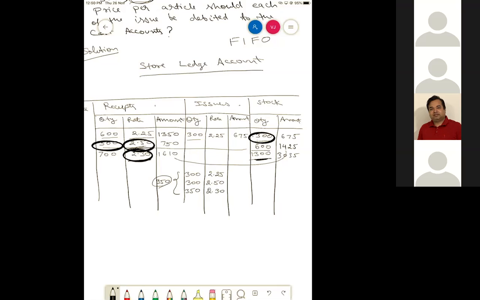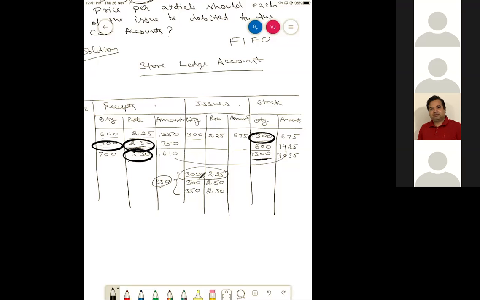Now let us calculate the amount, 300 into 2.25. Yes, anyone? Is there some confusion? We have to multiply this one, 300 into 2.25. 675, sir.